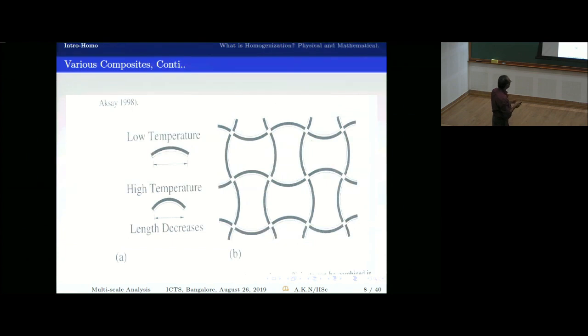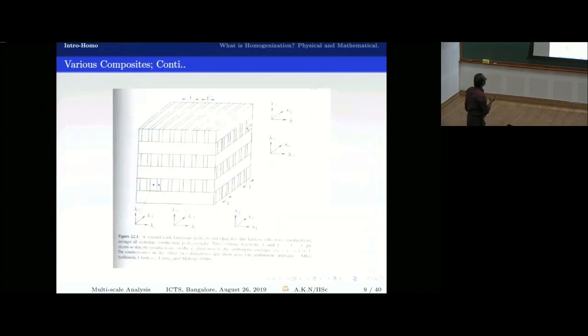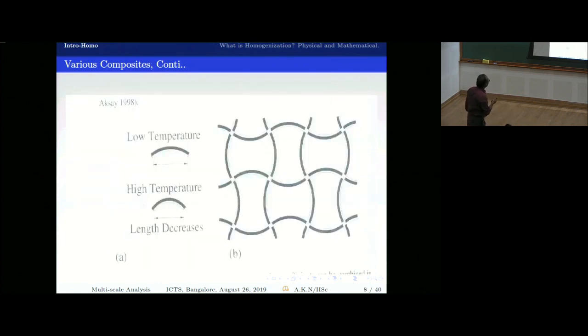Another thing: suppose you have an iron material. When you heat it, what will happen? It will expand. But you can create a microstructure that, when you heat it, decreases in dimension. This is again a material part. When you have a linear iron rod, the length increases. But physics tells you that when you have a bent rod and it heats up, the bending increases.